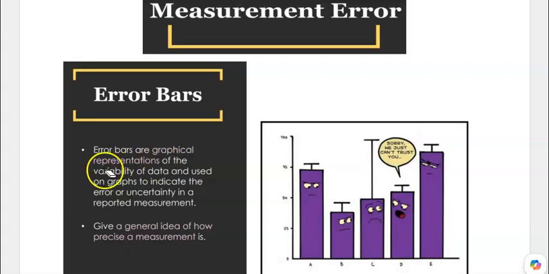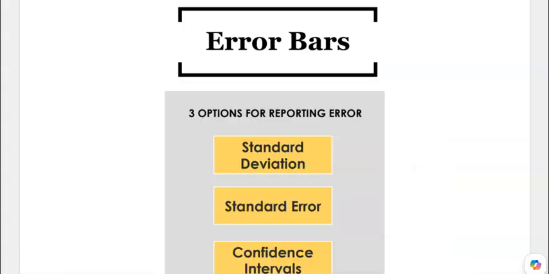That is a graphical representation of the variability of the data, and they are drawn as bars. For error bars, there are three kinds of calculation possible: standard deviation, standard error, and confidence intervals. In confidence intervals, you also have two different ways to obtain them, and I will show you that.